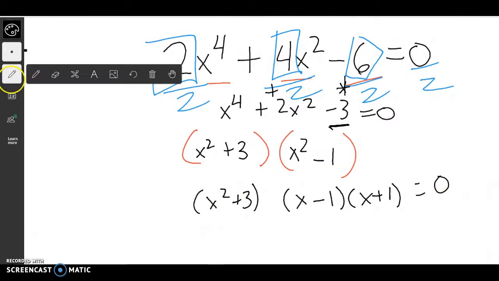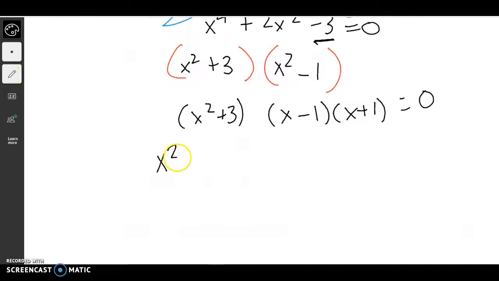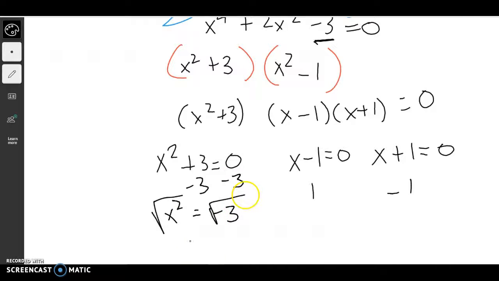This is now factored. Let's set everything equal to 0 and solve. So x squared plus 3 equals 0, x minus 1 equals 0, x plus 1 equals 0. This would be 1, this would be negative 1. This we'd have to subtract 3, get x squared equals negative 3, and then square root both sides.